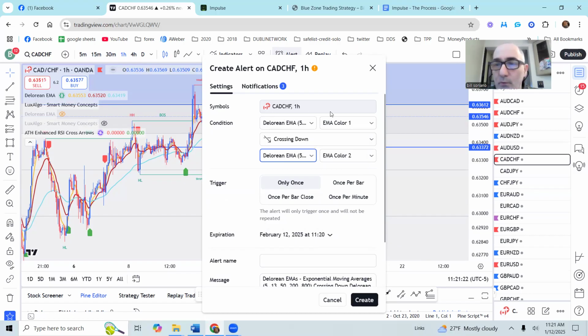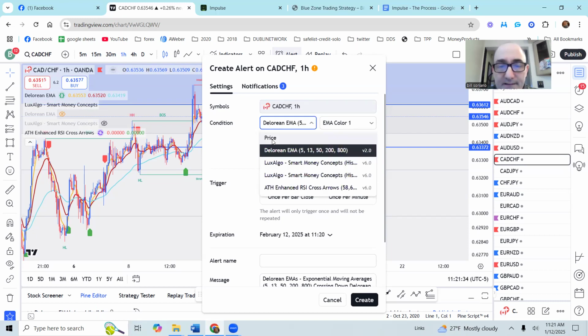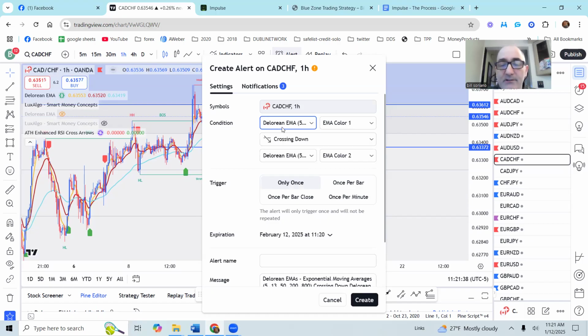So we want this alert to go off when price, the DeLorean, crosses down, right? Price, that's the price area. You select the DeLorean EMA. So we want the alert to go off when, not price, but when the EMA itself crosses down below the red one.